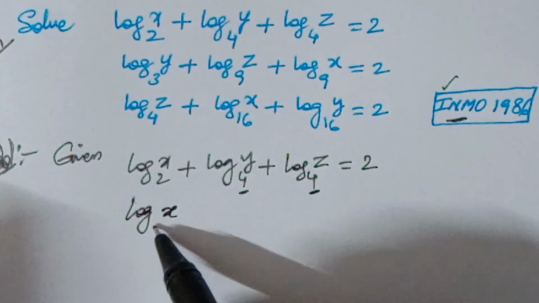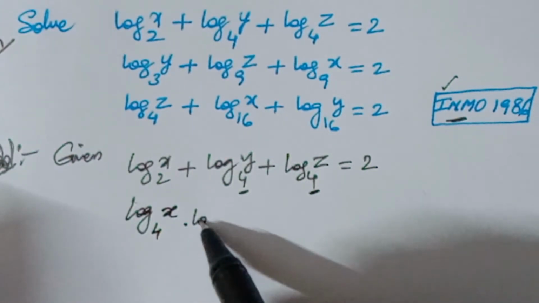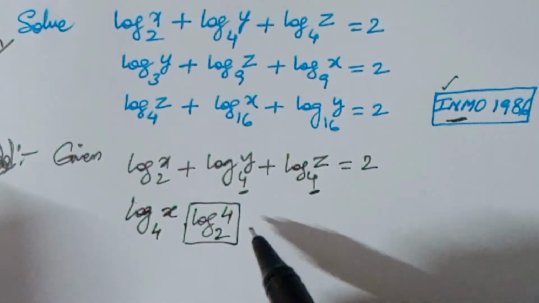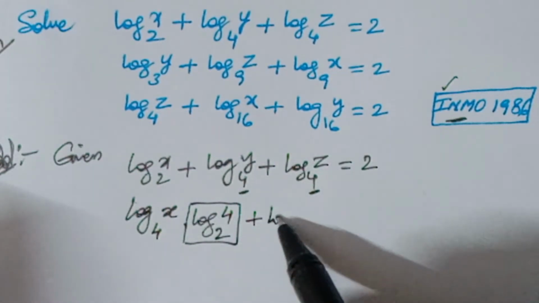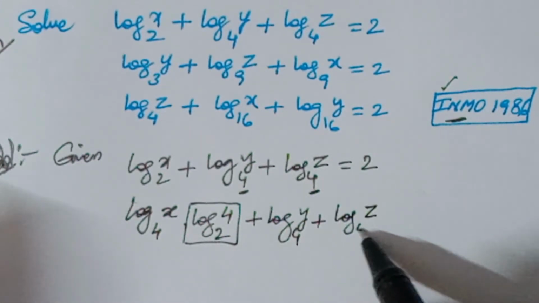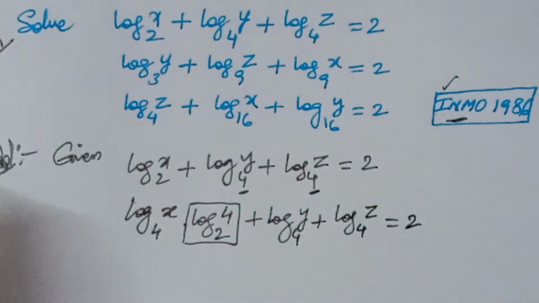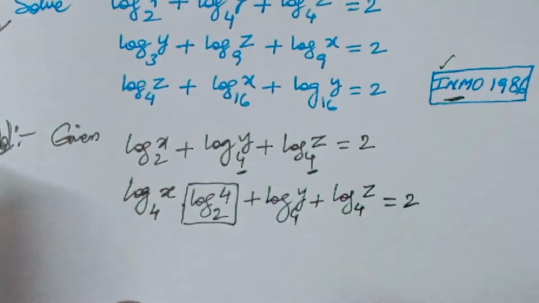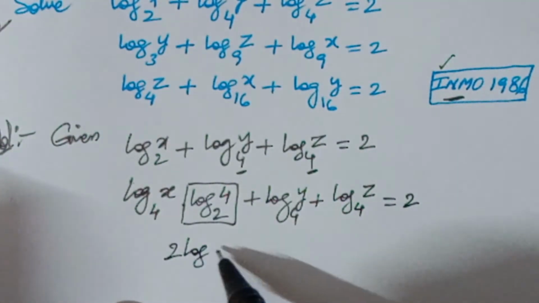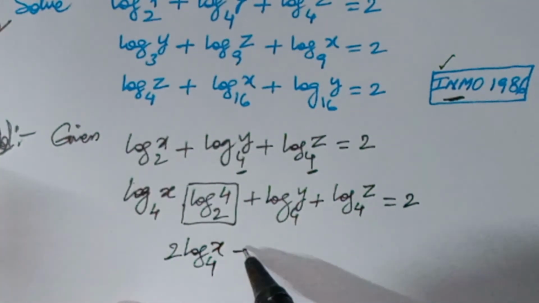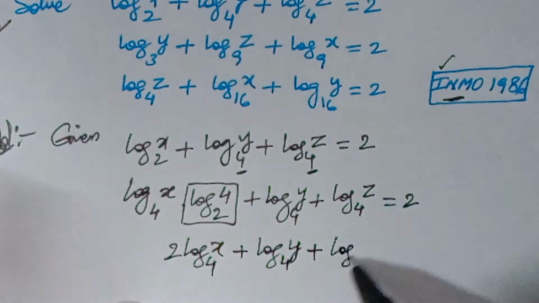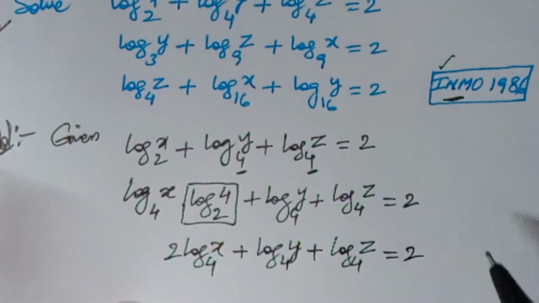So log x base 4 into log 4 base 2. This value log 4 base 2 is 2, plus log y base 4 plus log z base 4 is equal to 2. You will get 2 into log x base 4 plus log y base 4 plus log z base 4 is equal to 2.